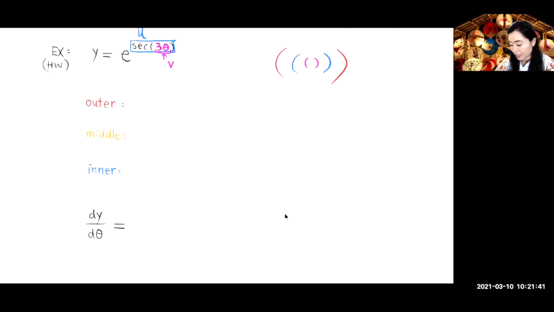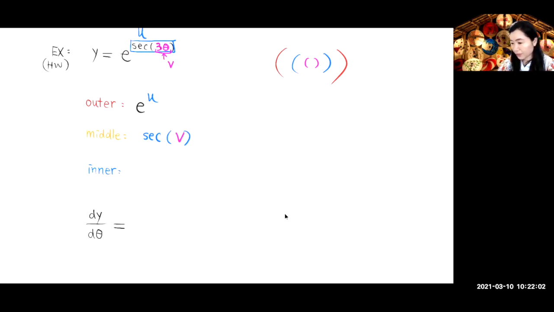Okay, all right. So the outer function is e to the u. The middle function is, what color is this? Okay, I use the blue color, so secant of v.